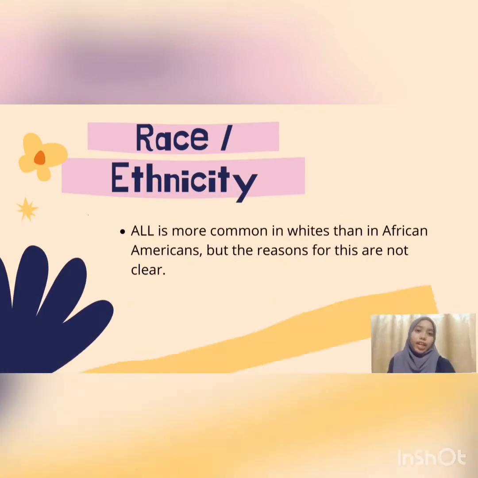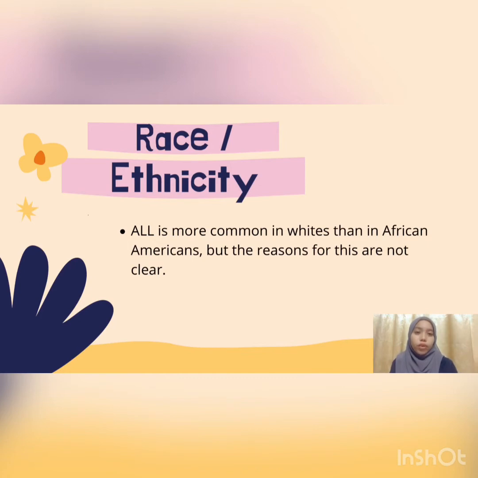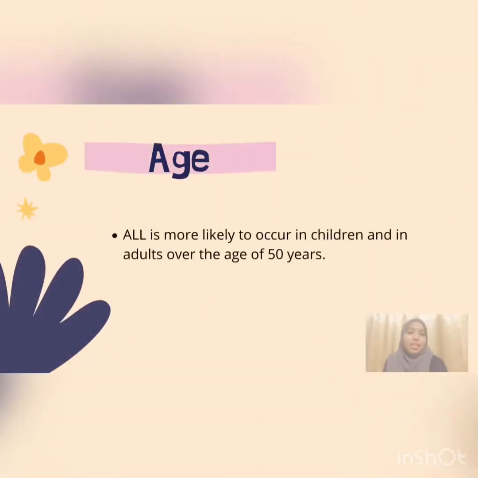Not forgetting, race or ethnicity also becomes one of the risk factors for acute lymphocytic leukemia. For example, in America, this disease mostly occurs among white people compared to Africans. Next is age.